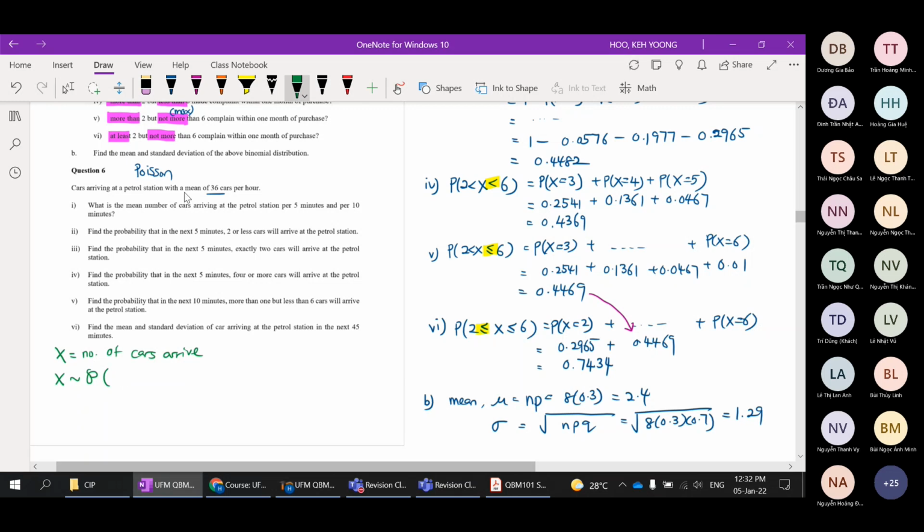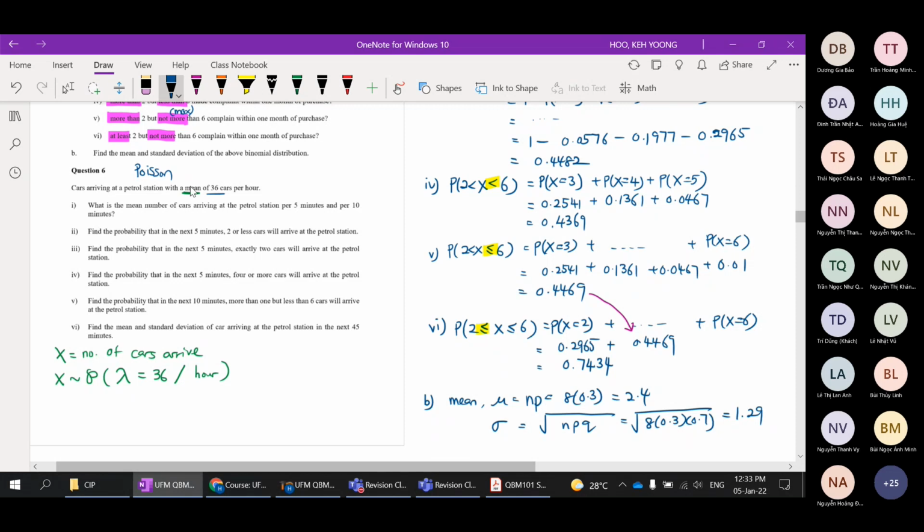Questions will always tell you the mean. Mean is the average, which is also lambda, the symbol for lambda. Lambda equals 36 per hour. So this is the mean. Mean is lambda.